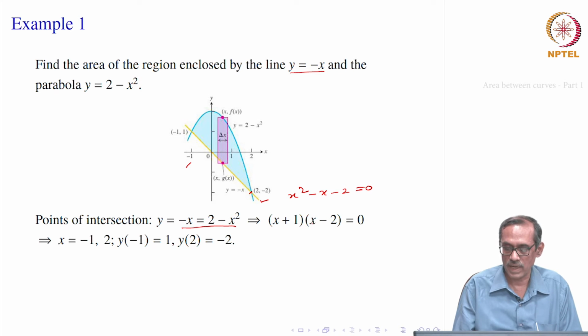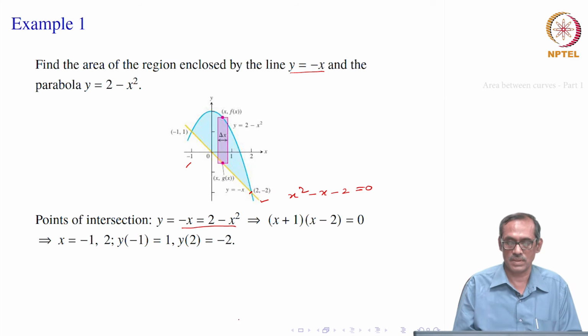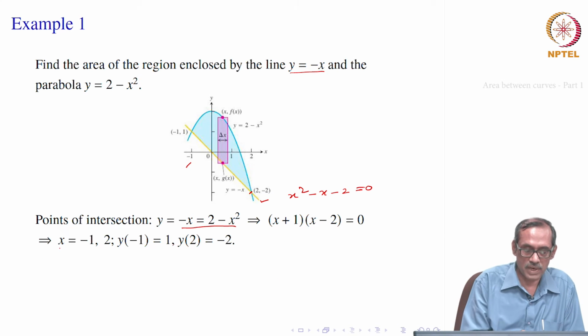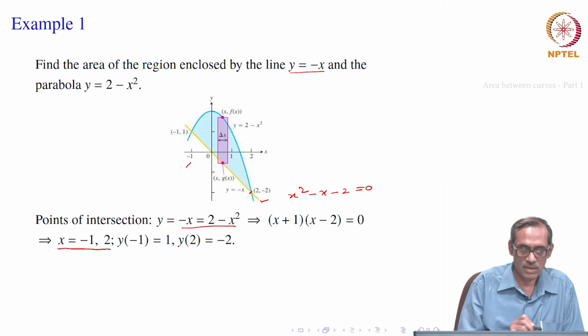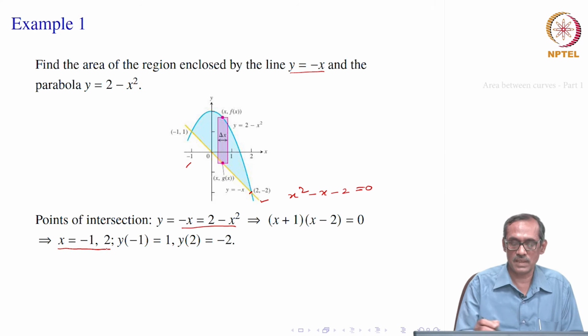Just multiply: x square minus 2x plus x, this gives minus x, and minus 2 equal to 0. So, we get the intersection points as x equal to minus 1 and 2. These are the two intersection points as the plot says.